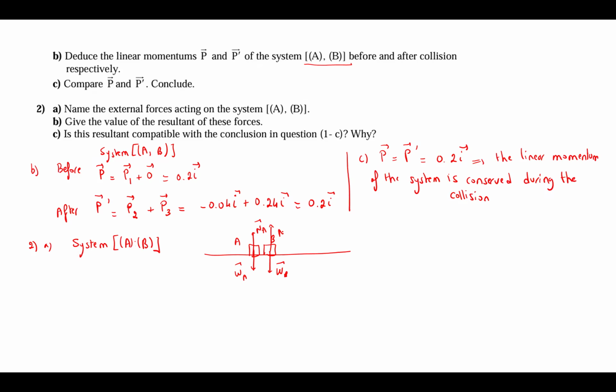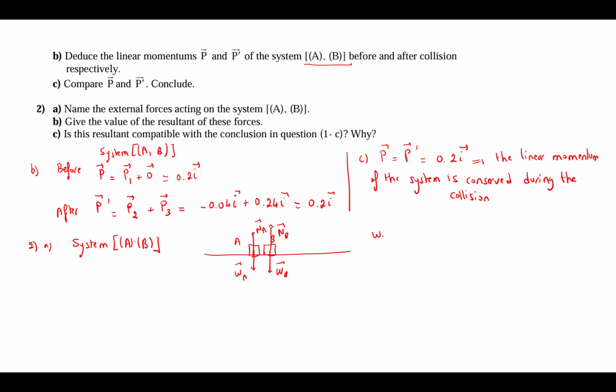But I cannot take F done, the force done by A on B, because it would be an internal force. It's done by A, which is in the system, on B. So in this case, it would be an internal force. And the question is, name the external forces acting on the whole system.